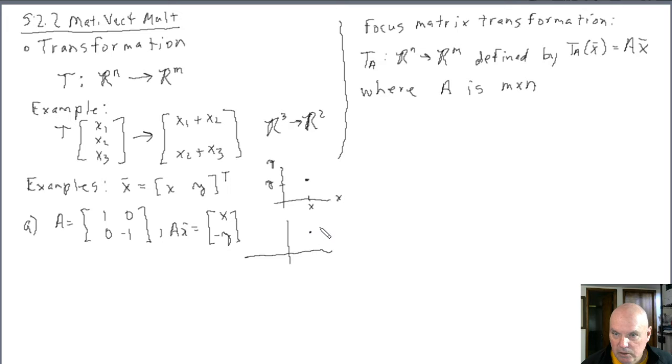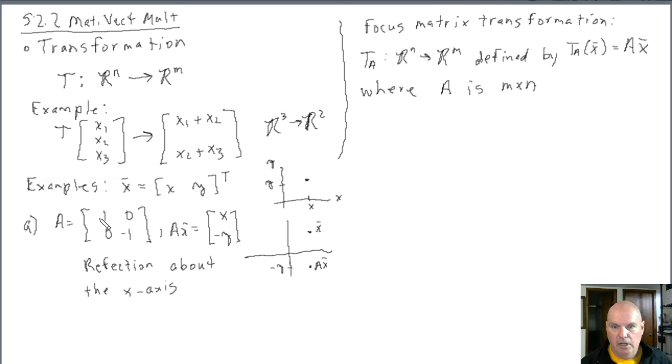Here's the original point, X. Then the transformed point, AX, has the same X value, but has a corresponding Y value that's equal to minus the Y value above. So this is the transformed point. This represents a reflection transformation about the x-axis.